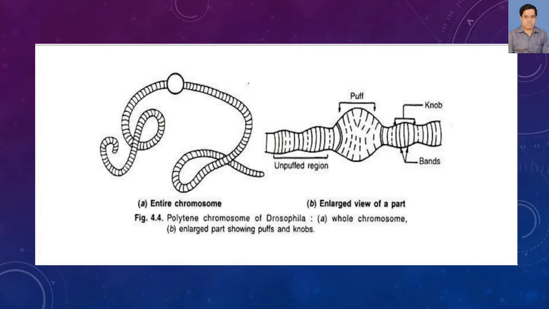In this diagram, you can see the normal entire chromosome, the whole chromosome of the organism. And here you can see the chromosome showing the enlarged part, that is the puffs and knobs or bands which are formed in the polytene chromosomes.